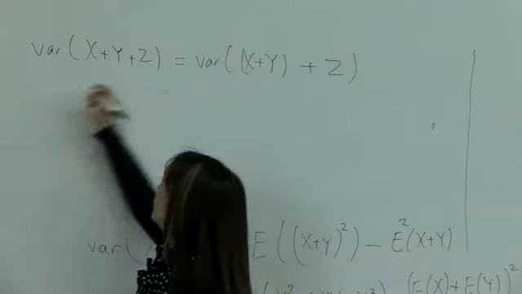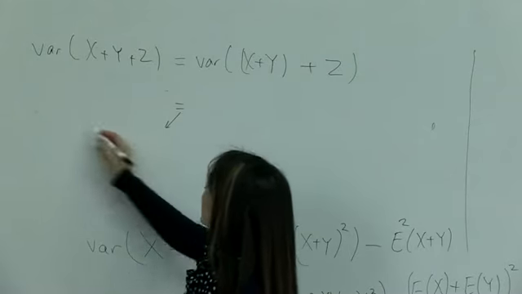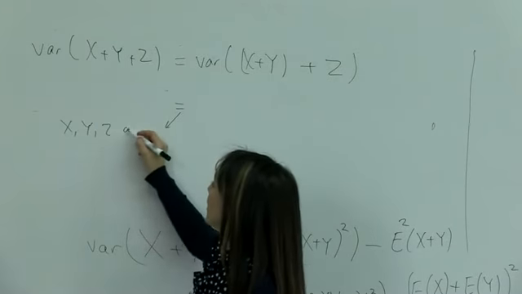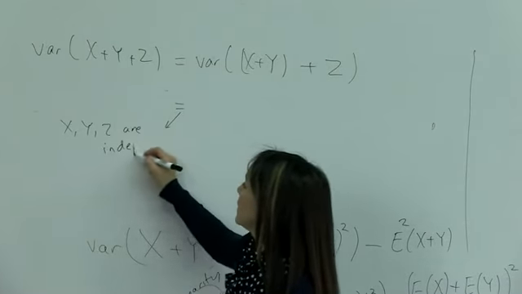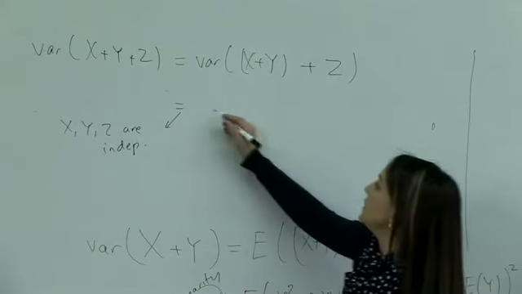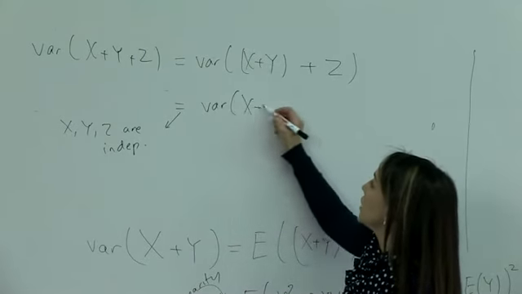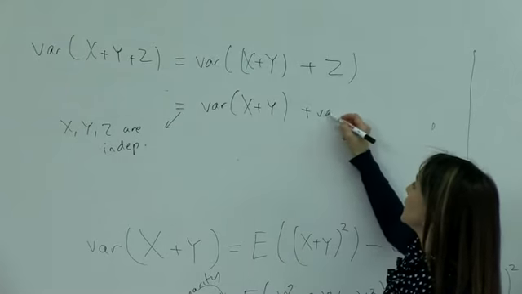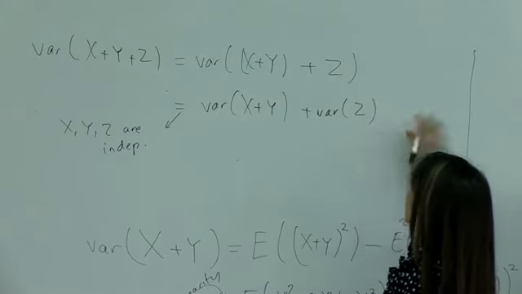Now, if x, y, and z are independent, then x plus y and z are independent. So this is the variance of x plus y plus the variance of z.